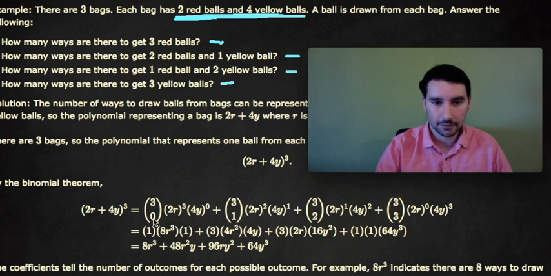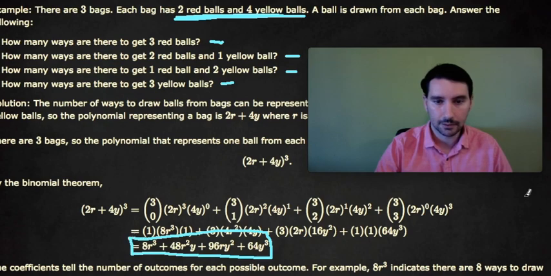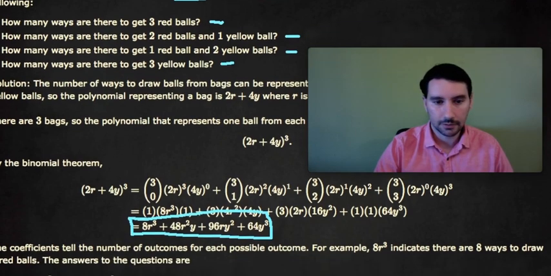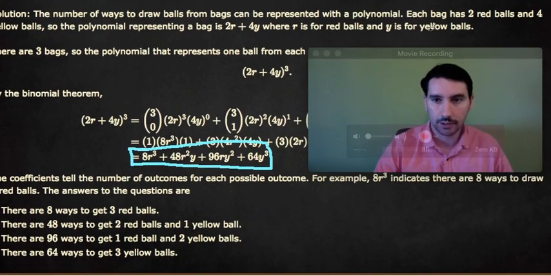Now plugging in the values, the 3 choose 0 is 1, 2r quantity cubed is 8r cubed, 4y all to the 0 is 1, and 3 choose 1 is 3, 2r quantity squared is 4r squared, 4y to the 1 is 4y, and so on. So you can multiply this out and combine the coefficients, and this is the result that you get. And those numbers actually answer all the questions in one shot.